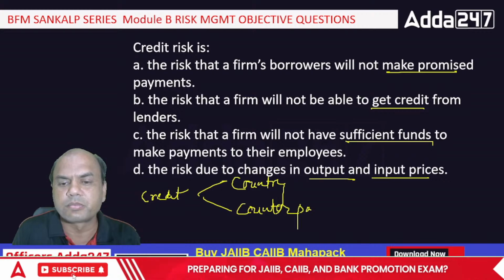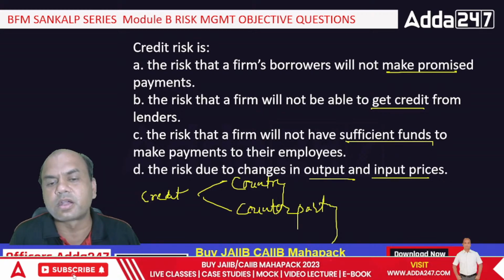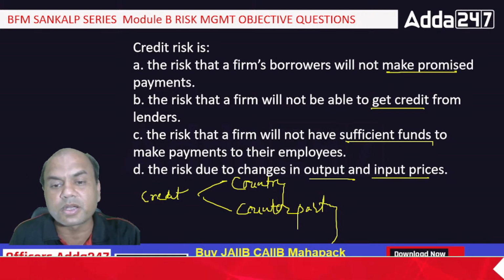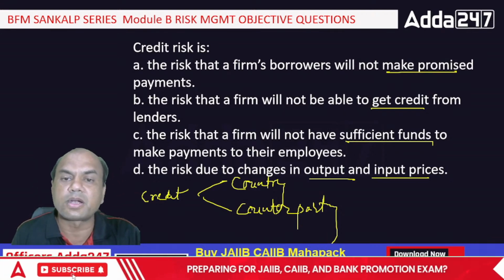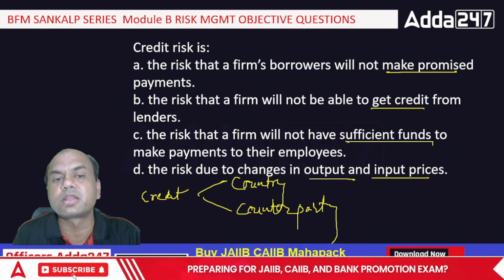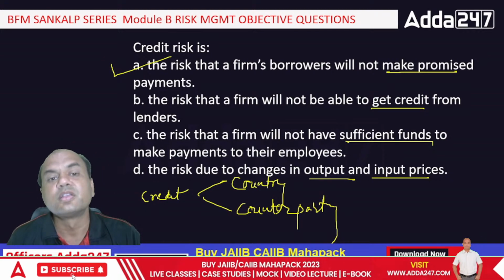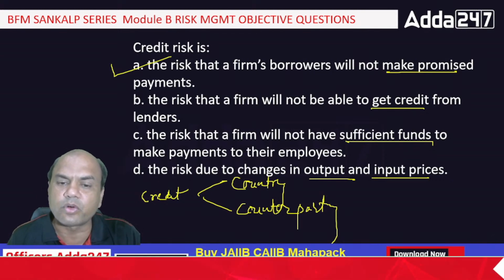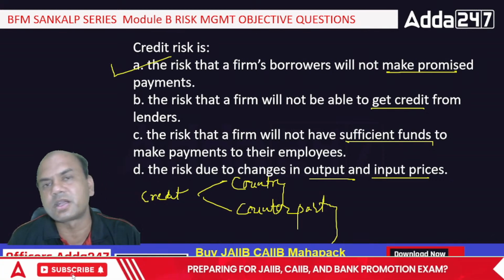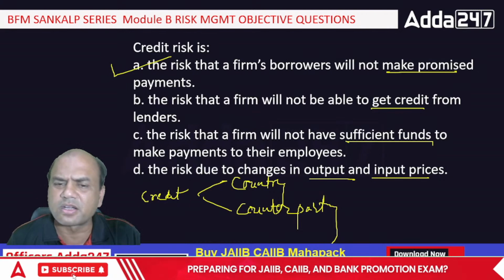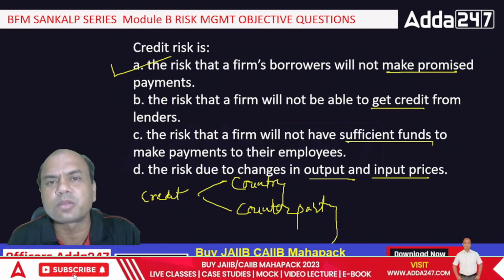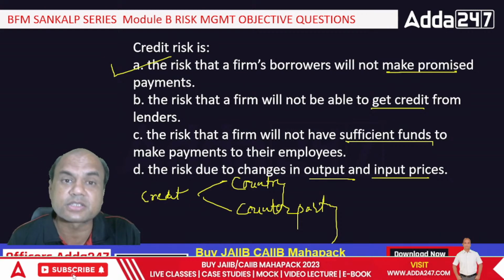So credit, country and counterparty. So what is counterparty risk? Counterparty risk means the borrower will not make the promised payment. So this becomes a part of credit risk only. So credit risk can come in the form of either country risk or counterparty risk. What is country risk? Sure, it's not a part of this question, but you must know what is country risk.